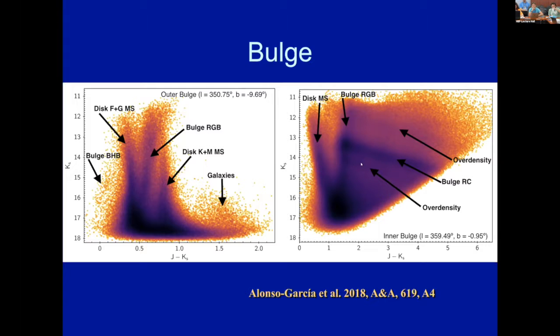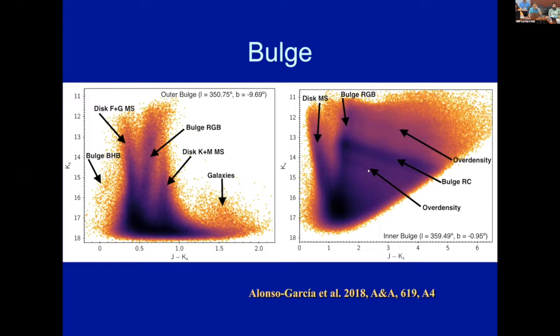The lower overdensity, some people say can be from the RGB bump of the bulge, but it has been shown that most of it is going to be dependent on a red clump from the background spiral arm of the disk. So, a spiral arm that is farther away.